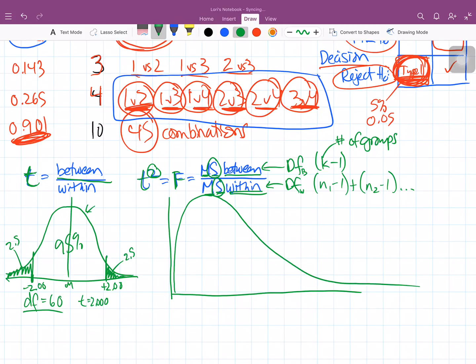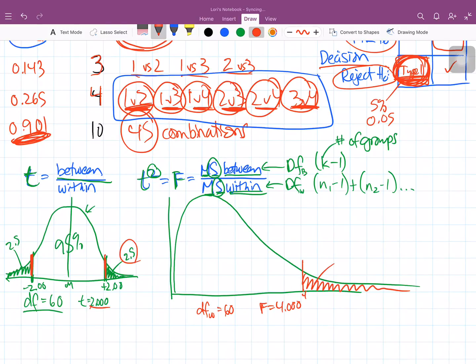And if you square this 2 and -2, what you end up with is, if you have the degrees of freedom within equal to 60, then your F value is going to be equal to 4.000, because that's just squaring the 2.0. So let's say here's my F value of 4 along this continuum. Everything in the tail then after that would fall into the reject the null.